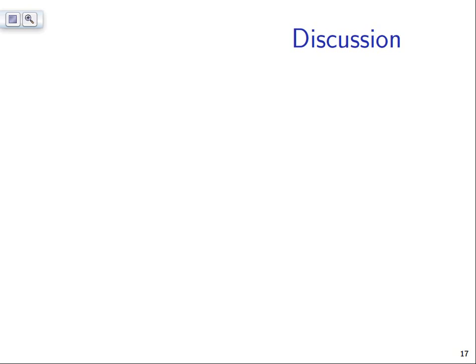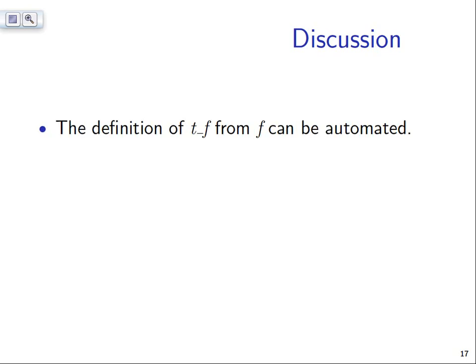Now, just a general discussion about this whole approach. Of course, there's a danger when you produce TF from F that you make a mistake somewhere, so this whole process can be automated.